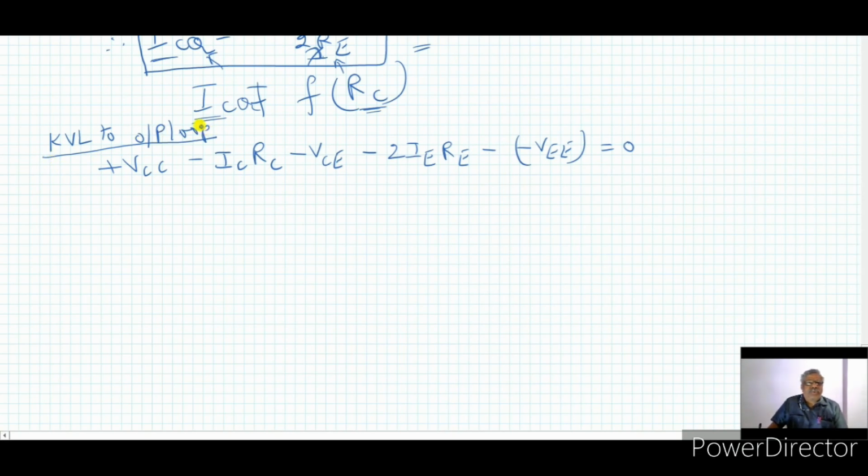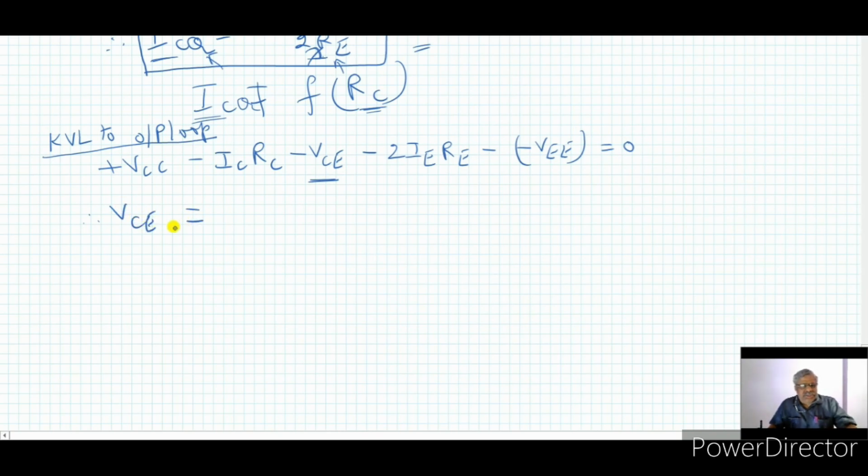So if you write KVL to the output loop, we get this equation: plus VCC minus ICRC minus VCE minus 2IERE minus of minus VEE is equal to 0. Because we want VCE, let us rearrange the terms, send this VCE to the right side, then our VCE becomes positive.